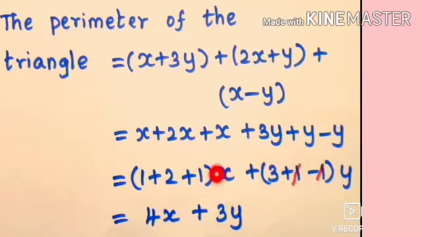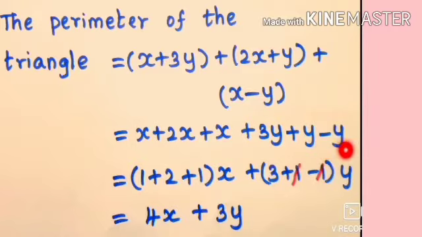And in the next step we have to add all the coefficients of x alone, and add all the coefficients of y alone. In the first term the coefficient of x is 1, the coefficient of 2x is 2, and the numerical coefficient of x is 1. And for 3y, the coefficient of y is 3, for y it is 1, and here minus 1.